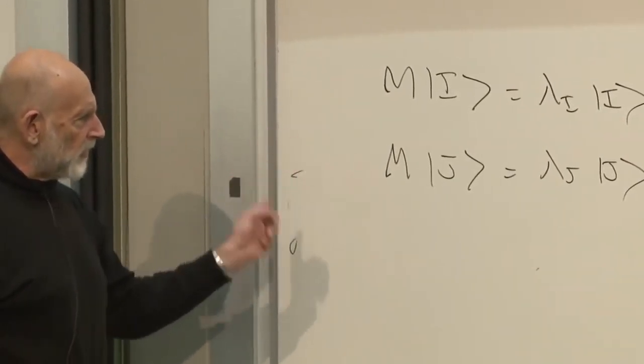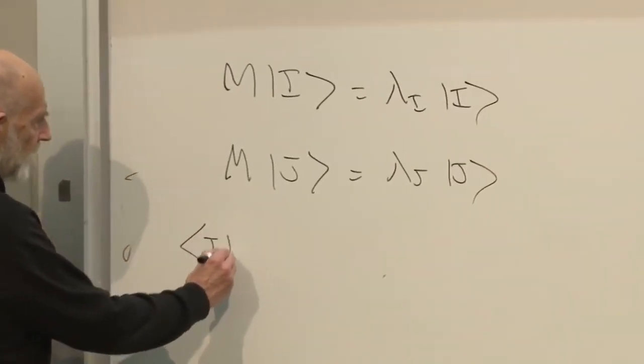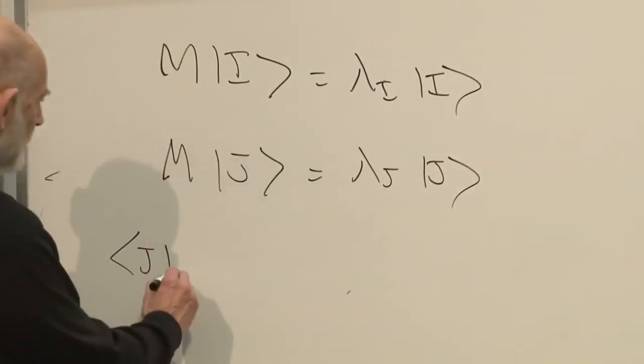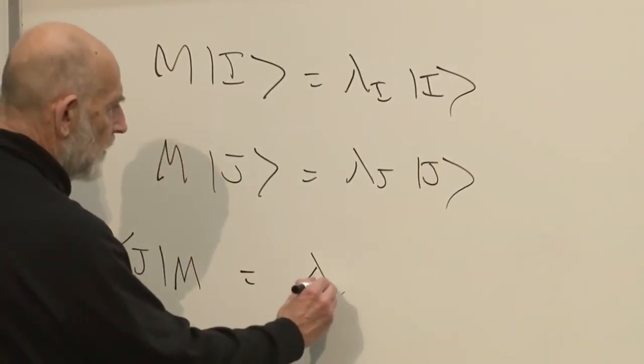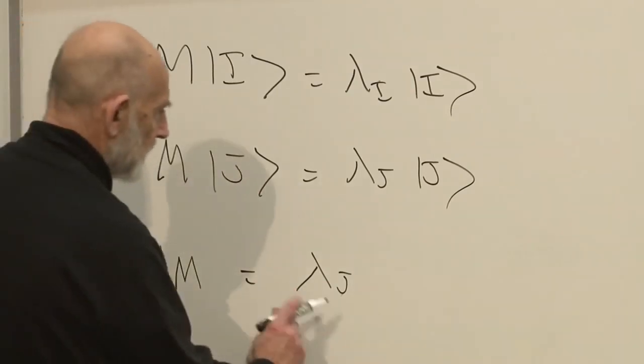We'll take this one and turn it into a ket equation. So that looks like this. J, M dagger, but M dagger is the same as M, equals the real number lambda J, eigenvalues of Hermitian matrices are real, times J.